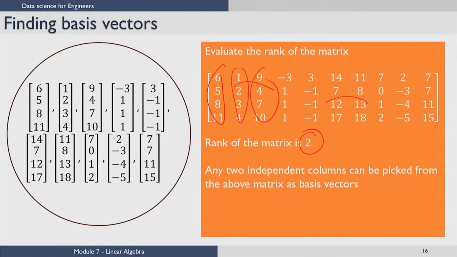Now, let me take a minute to explain why this is important from a data science viewpoint. I will just show you some numbers. Supposing I have, let us say, 200 such samples, and I want to store these 200 samples. Since each sample has 4 numbers, I would be storing 200 times 4, which is 800 numbers.